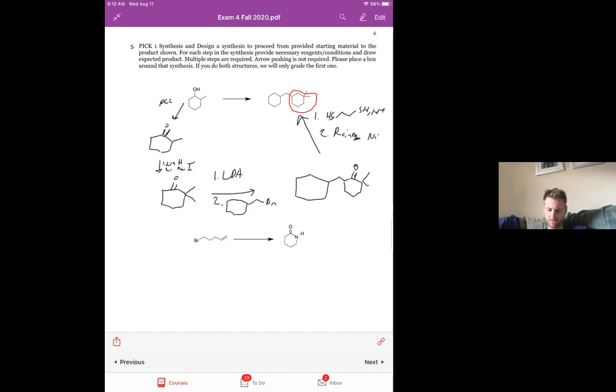This one is going to be a couple of different ways you could do this one. I'm going to do it through a phthalimide.